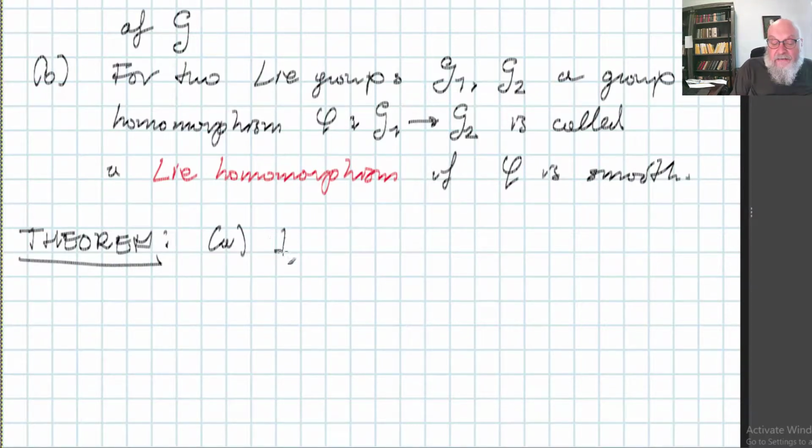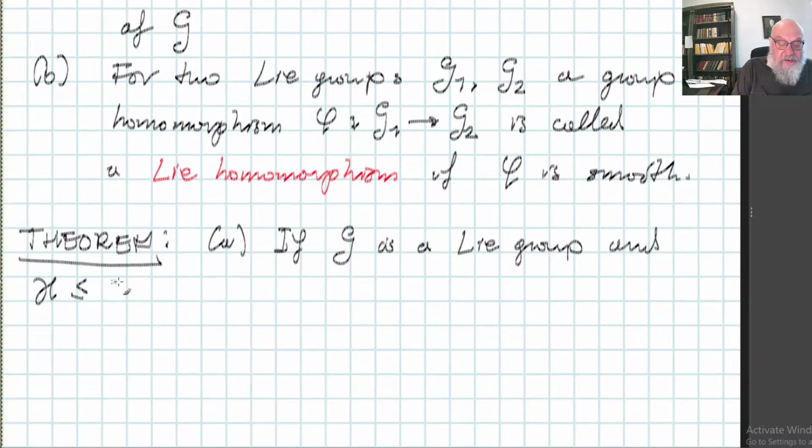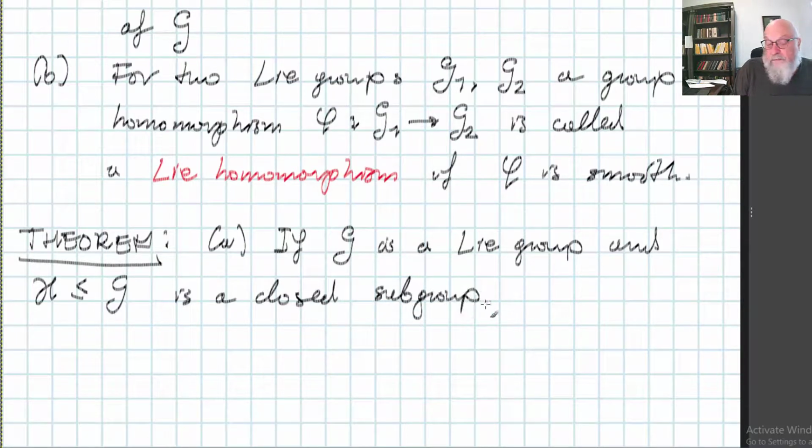A. If G is a Lie group and H in G is a closed subgroup, then H is a Lie subgroup.